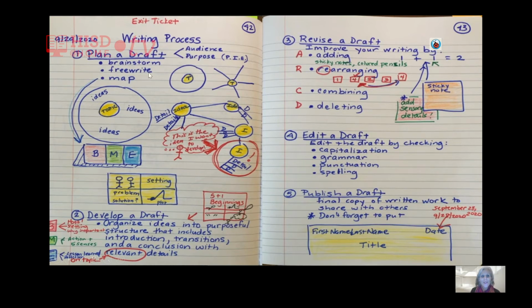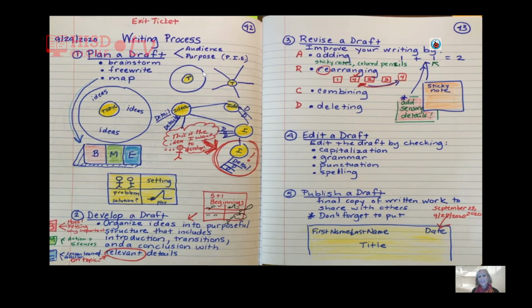But planning a draft, which is what we did last time, you can brainstorm, right? Right here, you can brainstorm with these circles. Or over here, here's an idea. It goes, here's some details. Oh, it goes over to this idea. And then this idea, detail. Oh, and this is the one that I want to develop.